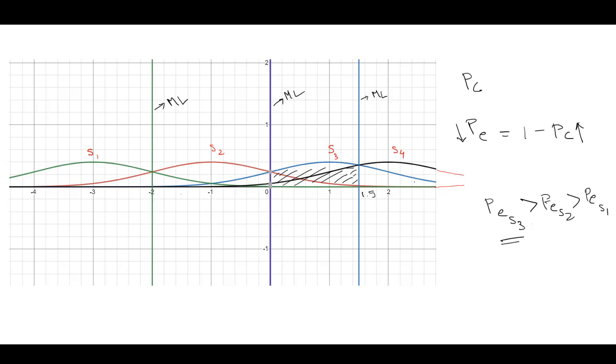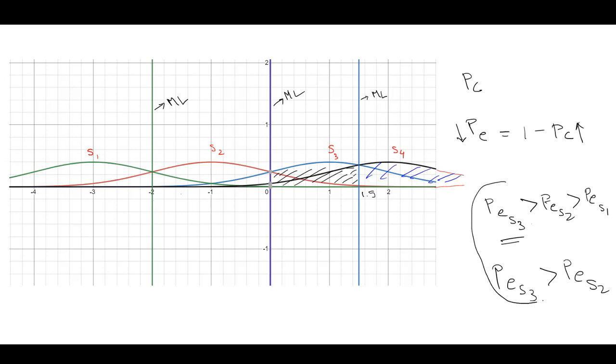Also, we can say that the probability of error for S4 is lesser than S3 because the probability of being correct for S4 is this region. So the PC is larger for S4, as a result the PE value is lesser for S4. Hence we can also say that PE of S3 is greater than PE of S4.